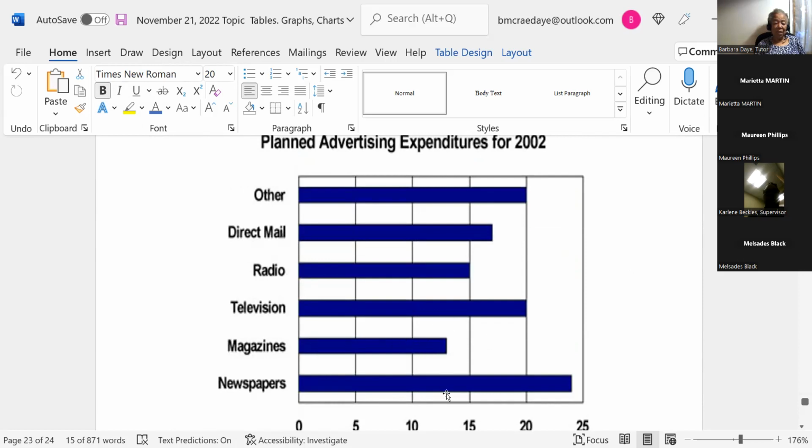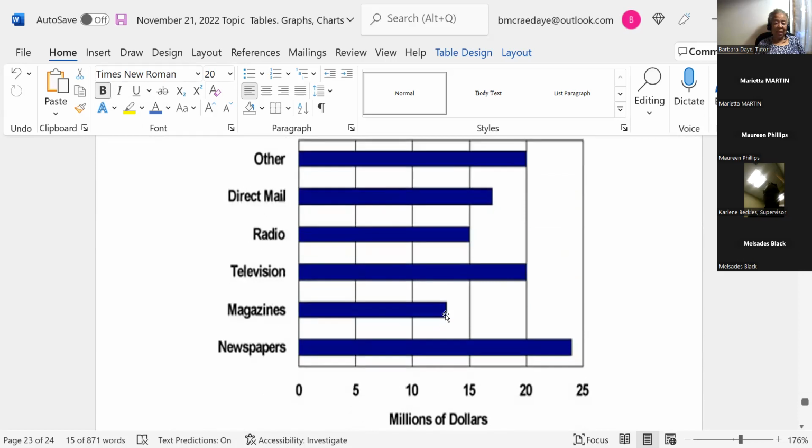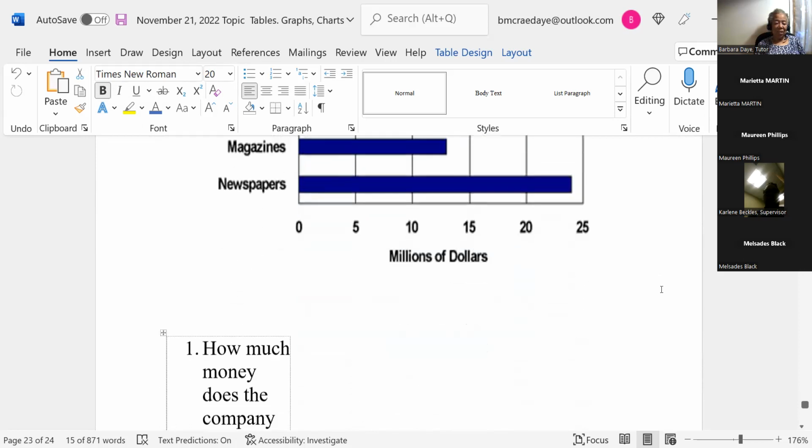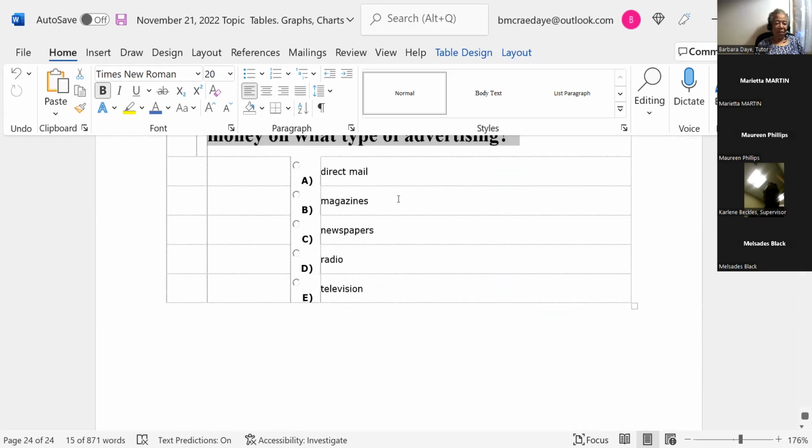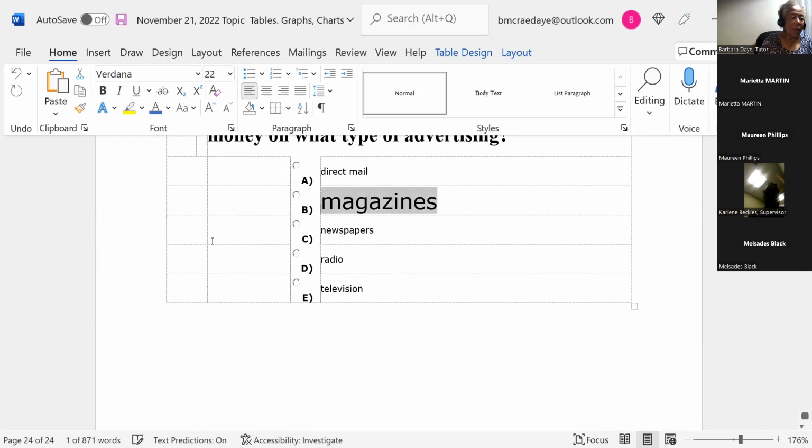It's the smallest in millions of dollars. All right. So the answer would be magazines. And there we go, B. And magazines, that would be the answer.